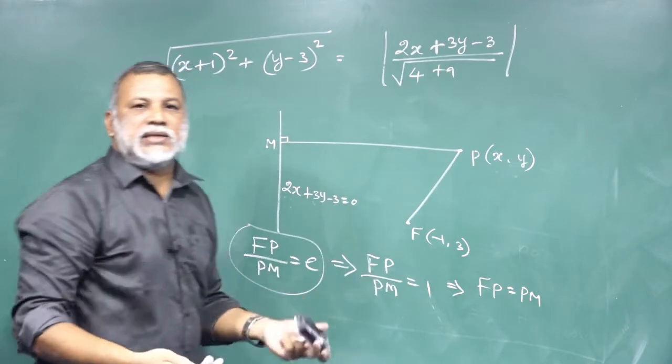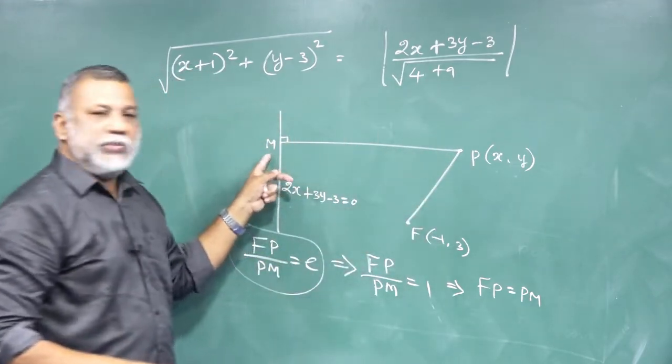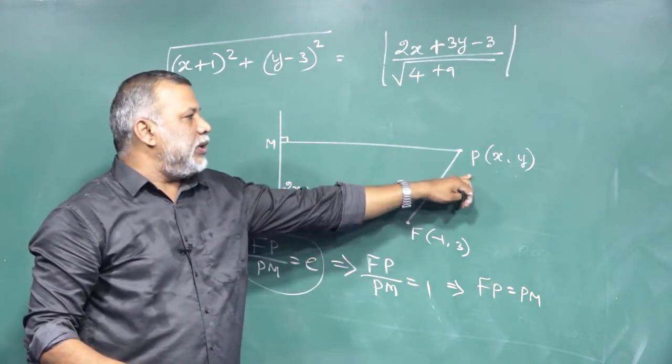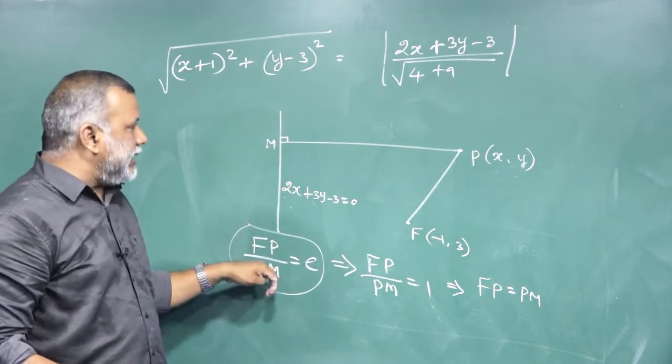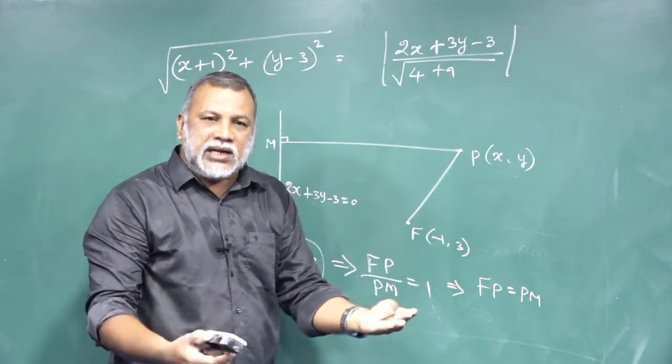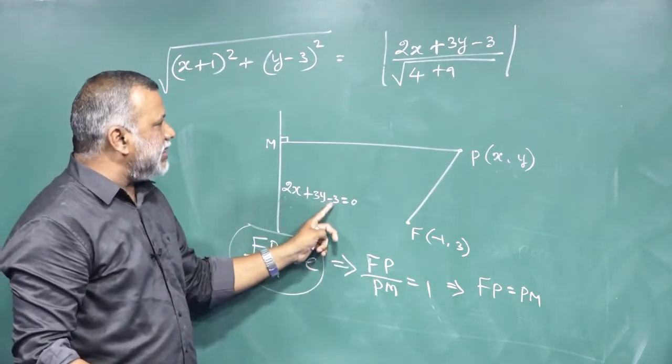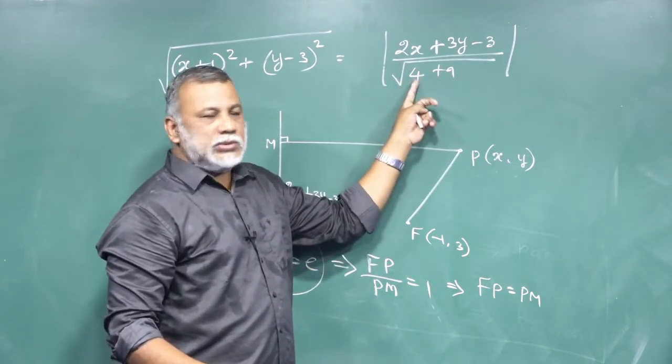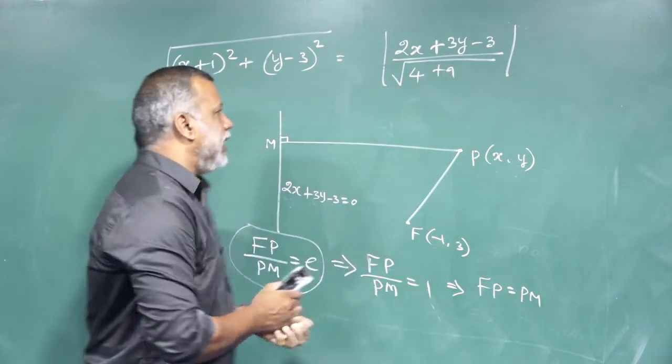This is the distance PM. PM is nothing but the length of the perpendicular from P(x, y) to the directrix. So we are using (ax + by + c) divided by root of a squared plus b squared. Instead of that, we have (2x + 3y - 3) divided by root of 2 squared becomes 4, 3 squared becomes 9.